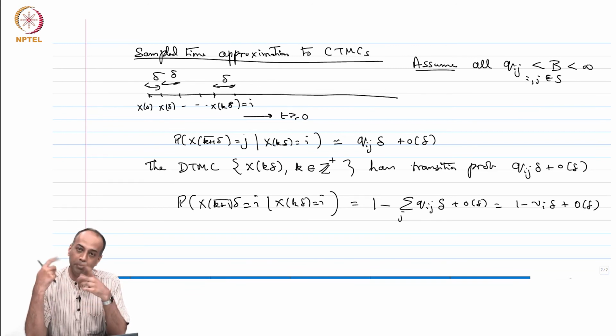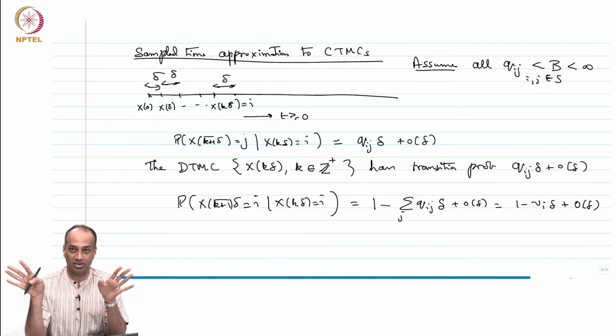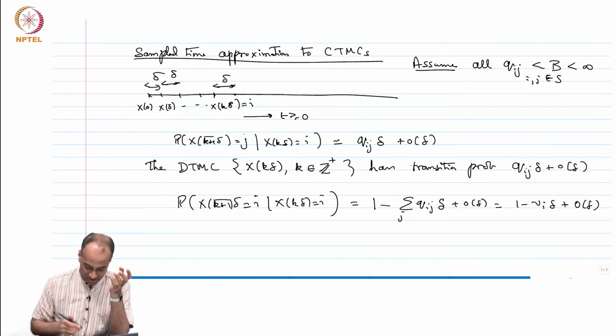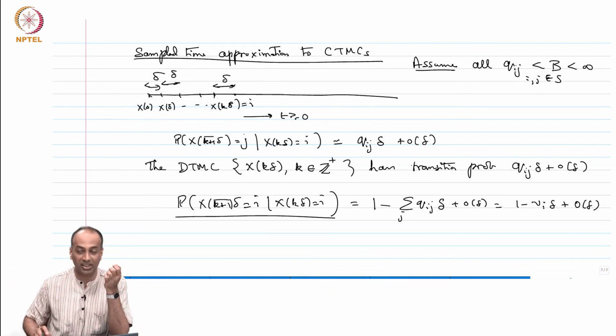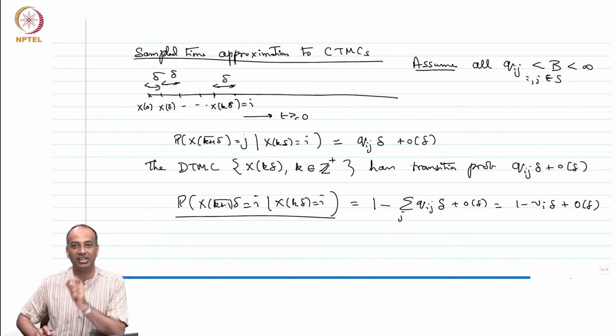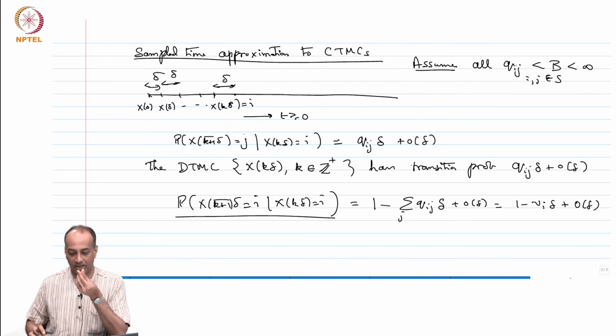We said that the embedded DTMC does not have self transitions. This term is in fact a self transition term between k delta and (k+1) delta, and it will have a substantial probability of 1 minus nu i delta, because there is a substantial probability of none of these exponentials actually firing in this little time interval, right.